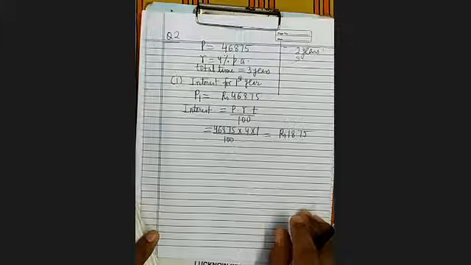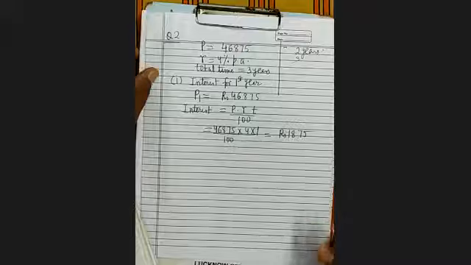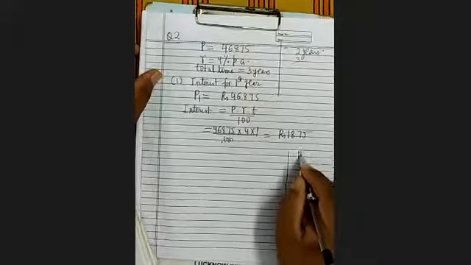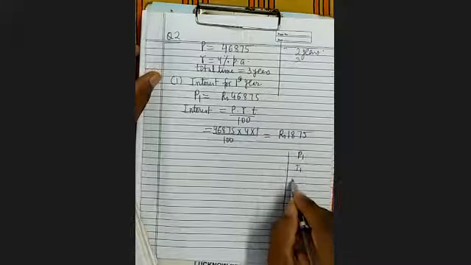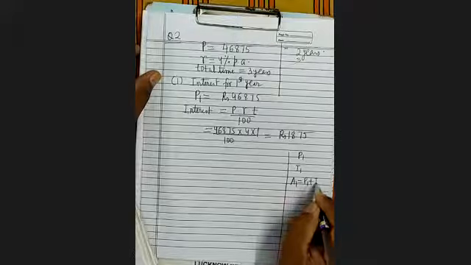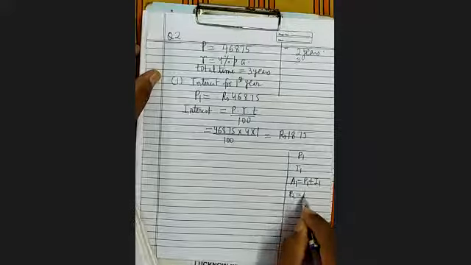Then you have to find the amount standing to his credit at the end of second year. Let me tell you the algorithm, how it will be done. P1, then you will calculate I1. When you add both, you get A1. Now this will become P2 for the second year.